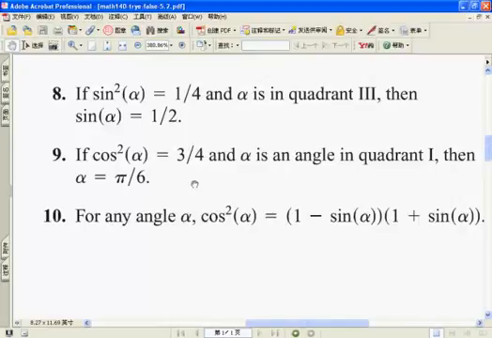If you say true, why is it true? You try to get the cosine of alpha, right? Cosine of alpha equal to what?